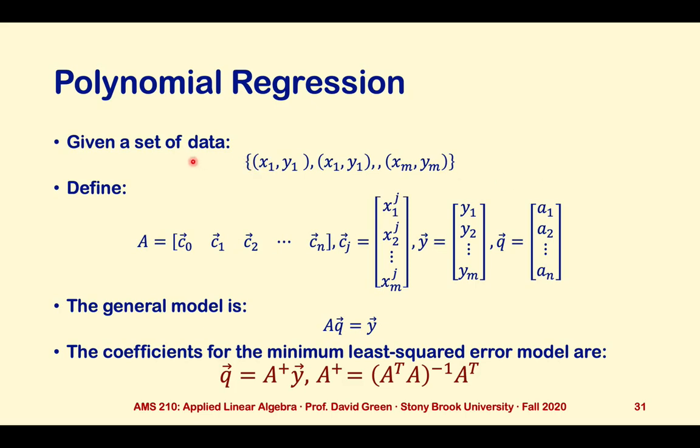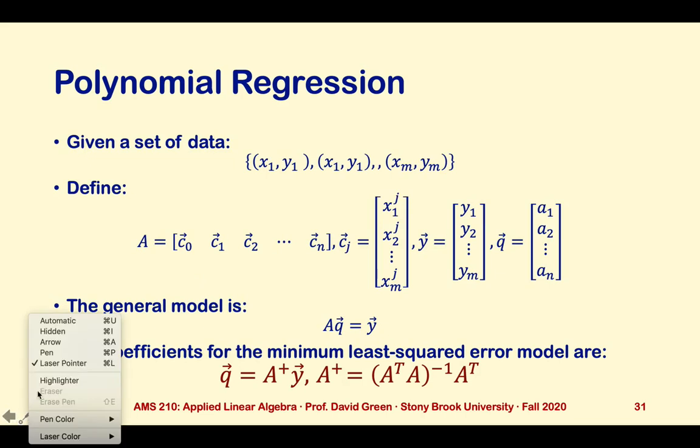Starting with a set of data, we define a matrix whose columns are processed versions of the x variables. Each of the columns is a column that has the variable raised to that power.